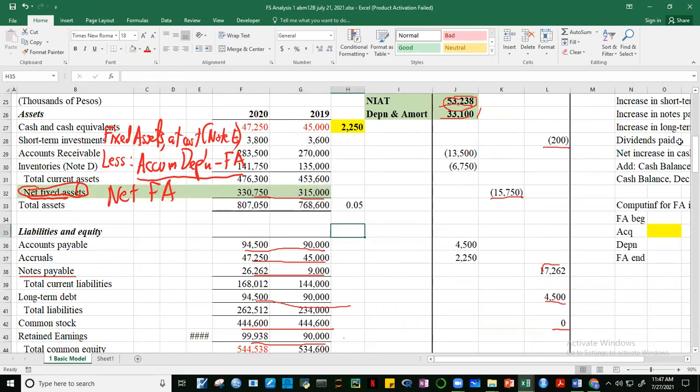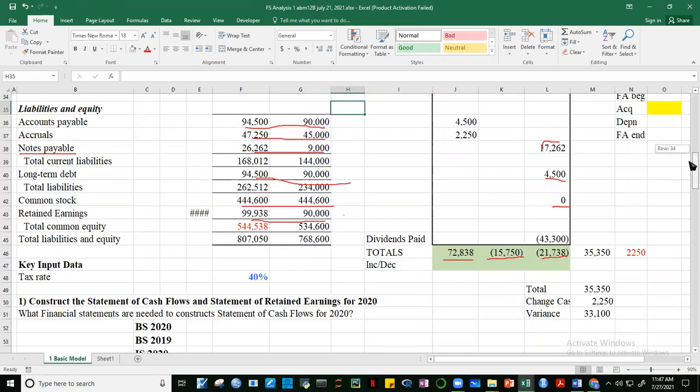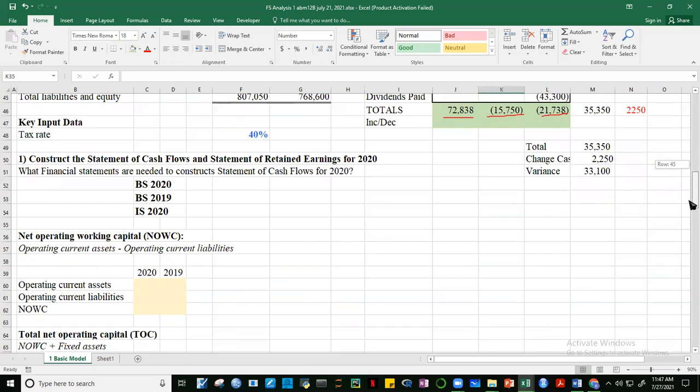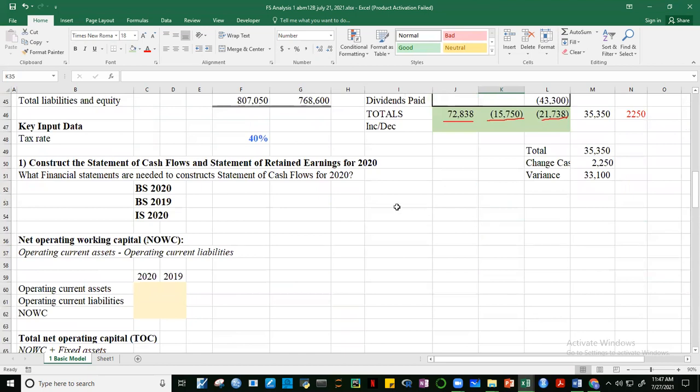I'll explain why. We're saying that the company invested 15,750. Actually, this is not what they invested, so that is wrong. Why? Because we are taking it from net fixed assets. When you want to compute the actual amount the company invested, you should not use net fixed assets.